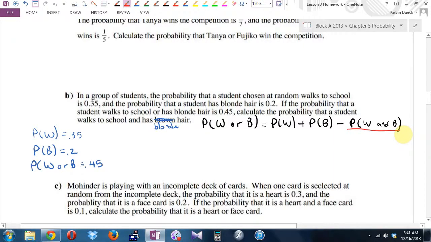So it's going to be 0.45 equals, did they tell me walking? Yeah, 0.35, plus, did they tell me blonde? 0.2, minus, and this is what I'm trying to find.